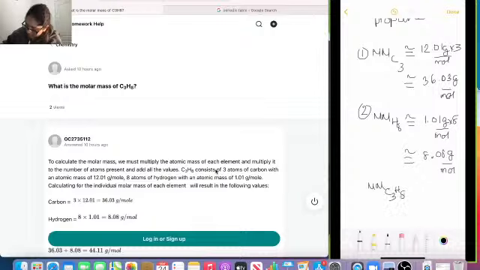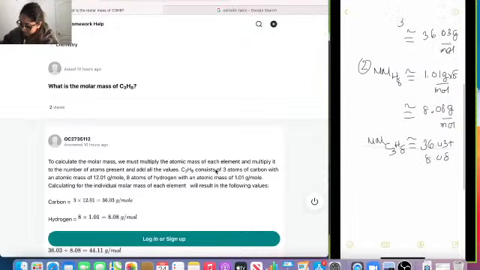The next step is that the molar mass of C3H8, also known as propane, is approximately, so you just add this whole thing together, 36.03 grams per mole plus 8.08 grams per mole. We'll just write this neatly.